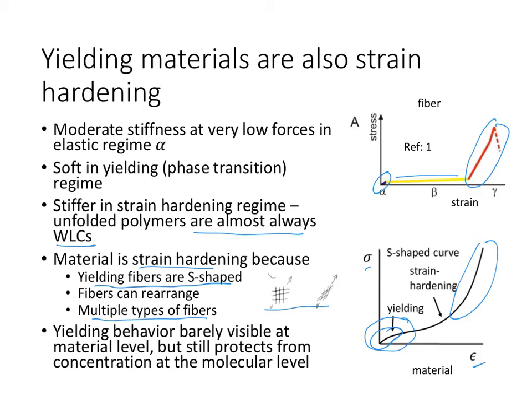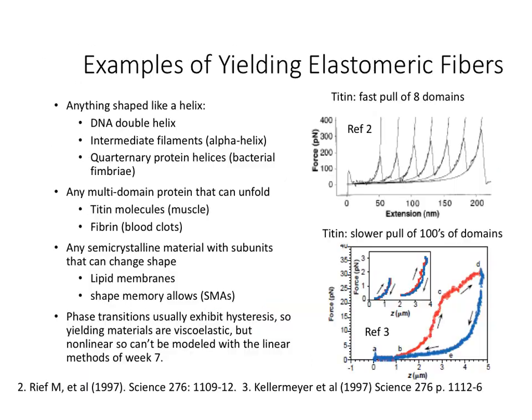For example, these spectrin networks that make up red blood cells undergo very large deformations while red blood cells squeeze through blood vessels, and it's thought the yielding behavior is part of what protects our red blood cells. In addition to the spectrin of red blood cells, there are many other examples of yielding elastomeric fibers in biology.